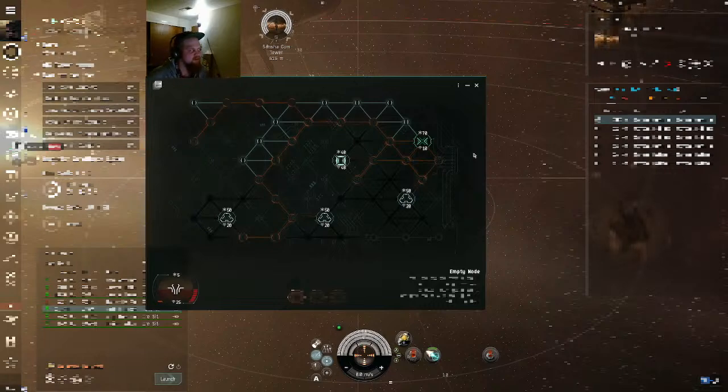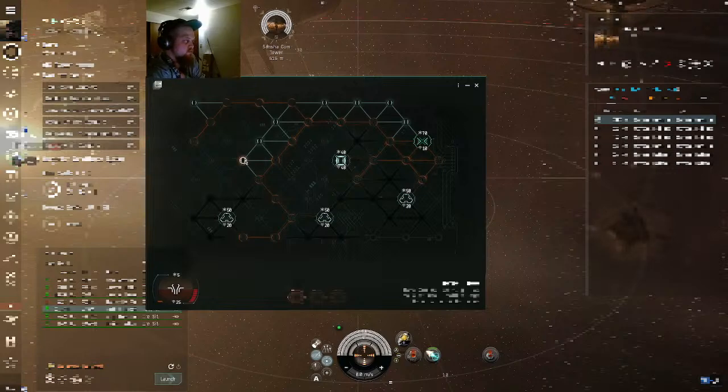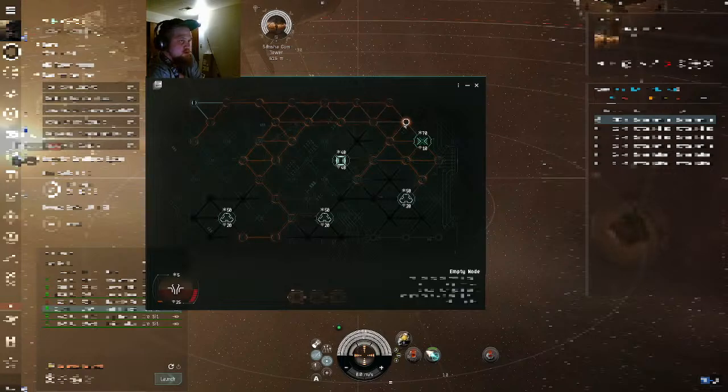Oh, real quick, if I fail one of these, does it blow up? No. Okay, cool. So again, always keep it on your PvP overview. There are certain situations, like I only think it's one site. I don't remember which site it is, but only one site they will call reinforcements in.